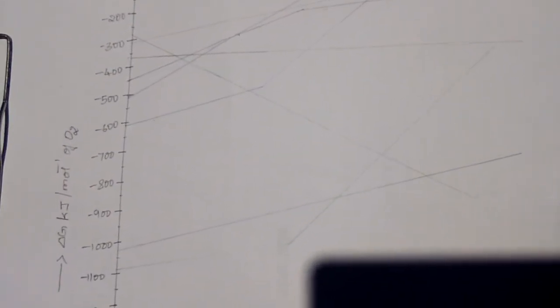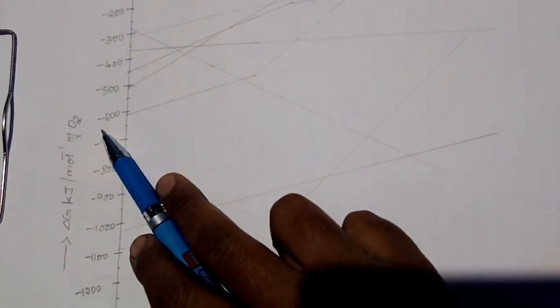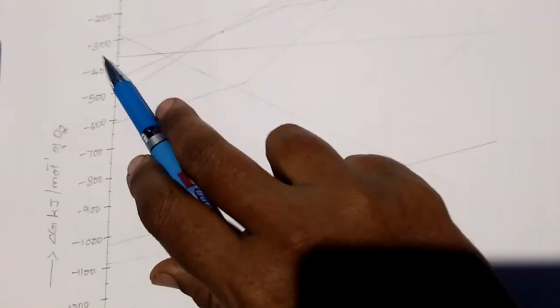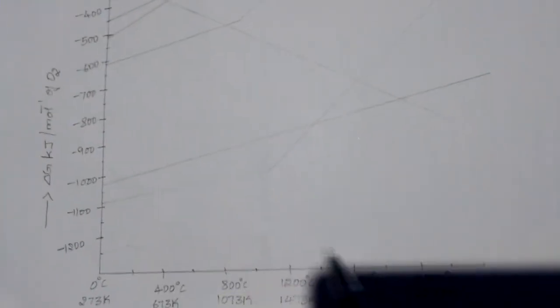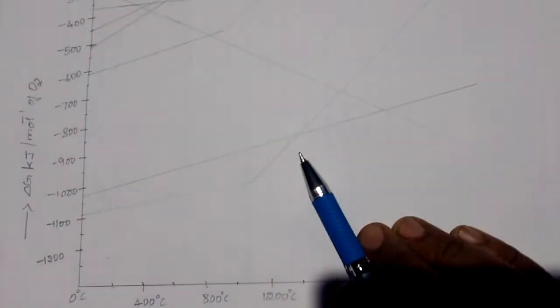Not always metal, so any element converting into oxide when 1 mole of oxygen is consumed. For that process, the delta G is plotted against temperature. So delta G on the y-axis and temperature on the x-axis.